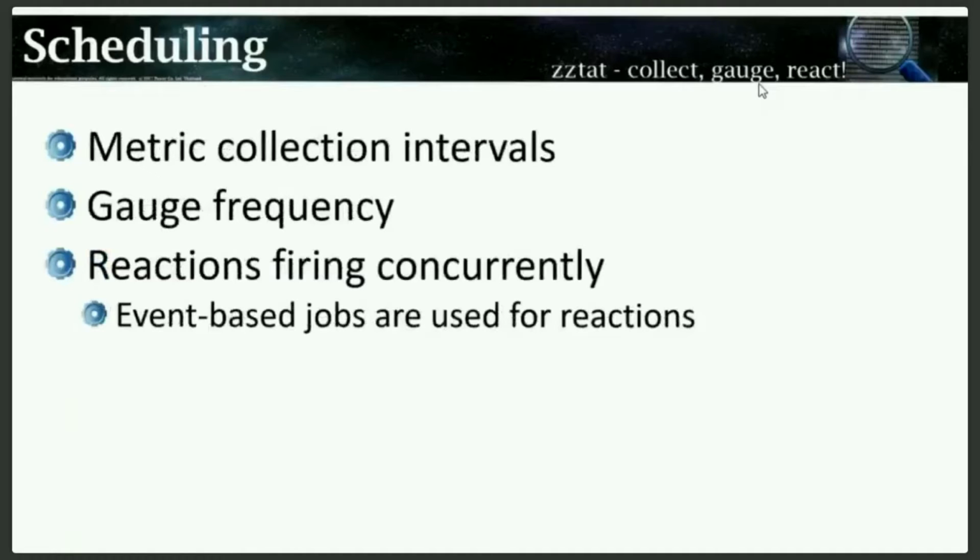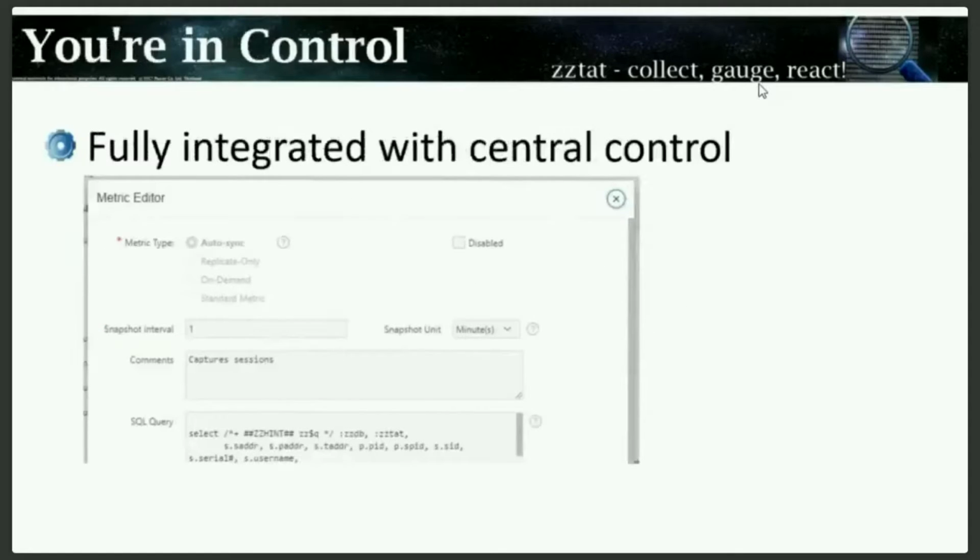So the scheduler ultimately controls the intervals for the metric collections and the gauges, and it also enables us to fire reactions in a controlled manner and concurrently. Now, all of this is centrally controlled, so the zztat UI is essentially an interface on top of the Oracle scheduler, if you want to break it down to that.